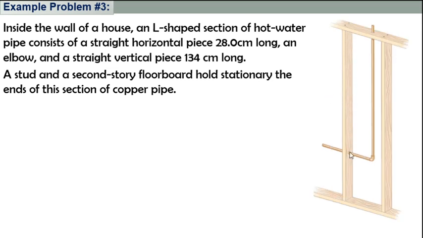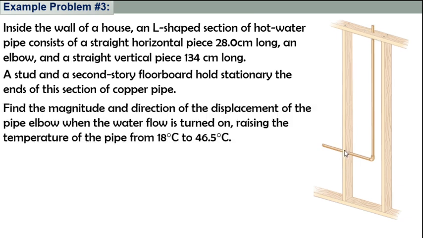A stud and a second-story floorboard hold stationary the ends of the section of copper pipe. Find the magnitude and direction of the displacement of the pipe elbow when the water flow is turned on, raising the temperature of the pipe from 18 degrees Celsius to 46.5 degrees Celsius.